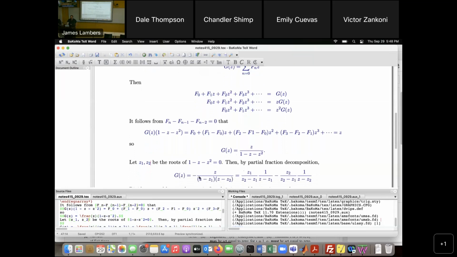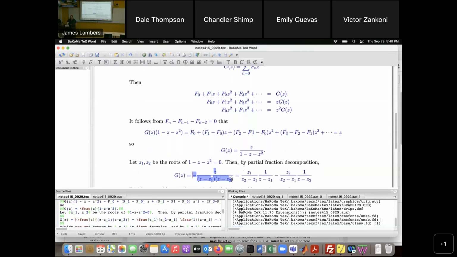So now I can rewrite this way. A factorization of 1 minus z minus z squared is z minus z1 times z minus z2, and don't forget the minus, because notice we have a minus in front of the z squared here. I think when I first did these notes, I forgot that minus and made everything wrong. And I'm not going to go through the details of partial fractions.